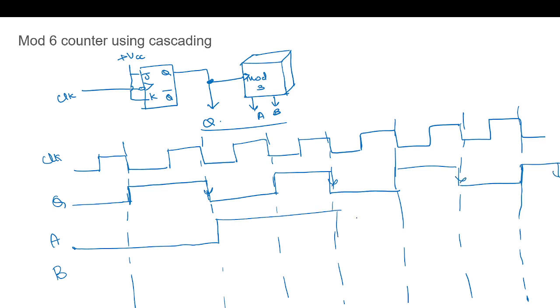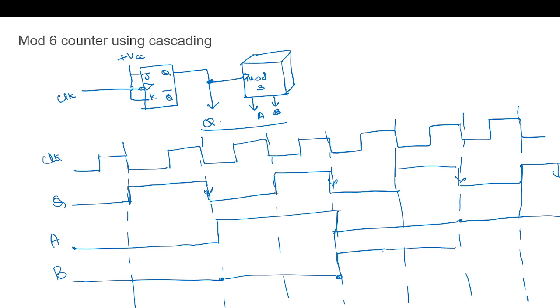So this and this edge. 1, 2 zeros. And B will be 0, 0, 1. So same with 0, 0, 1. And this edge again. So it is 0, 0, 1, 1.